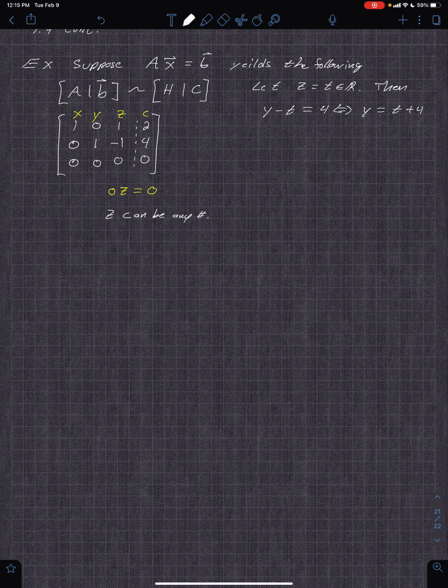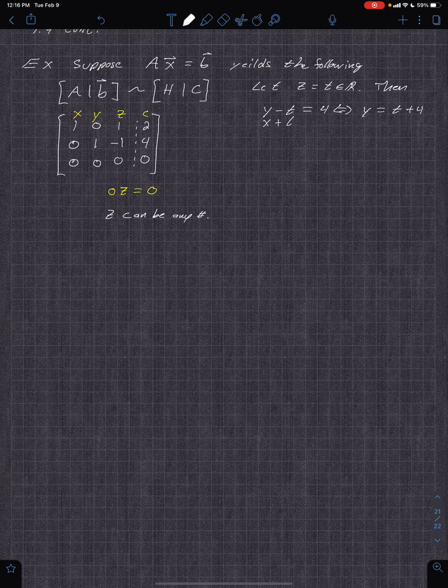And then similarly, you have X. Yes, okay, I was looking at the wrong one. So yeah, this is your Y right here. This one was Y minus T equals 4. So now I have X plus T equals 2.